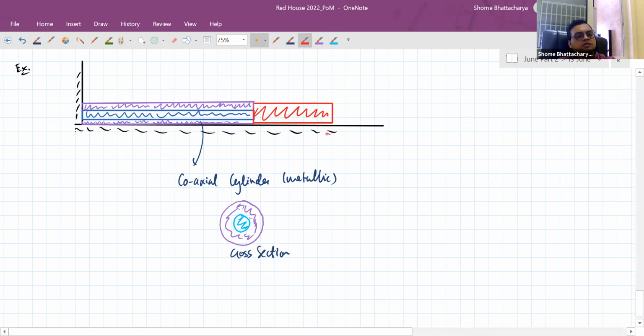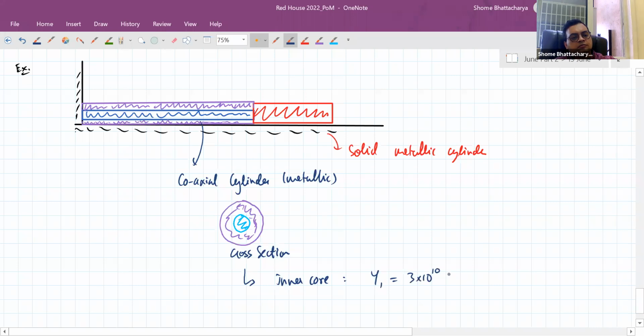And this is a solid metallic cylinder. Now this inner core is made of material of Young's modulus this much.